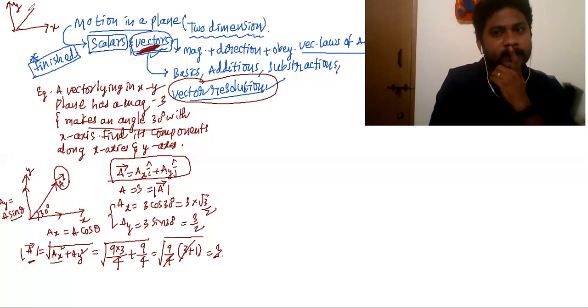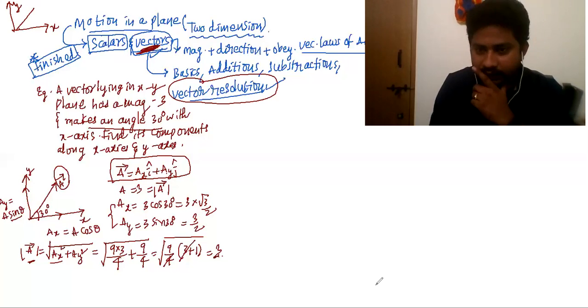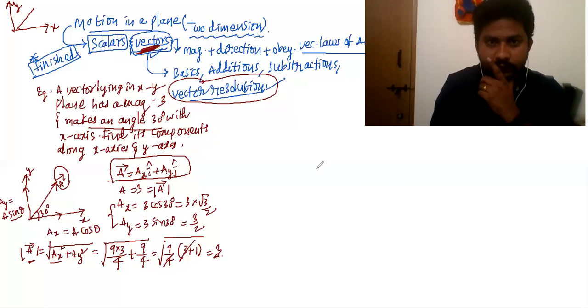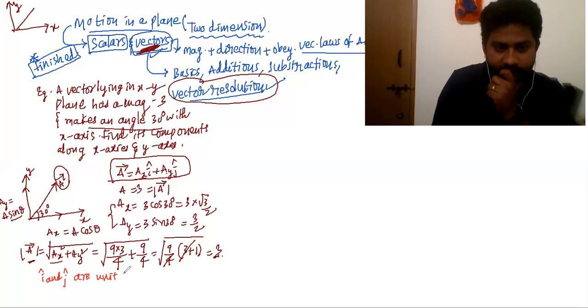Now, one more important thing I would like to inform here. What is this ax i cap and ay j cap, right? So i cap and j cap are unit vectors, my dear children. When I say i cap, it is the unit vector along the x-axis.